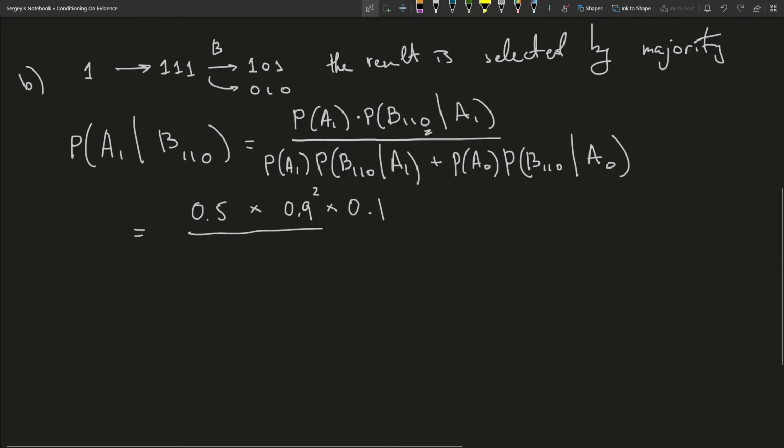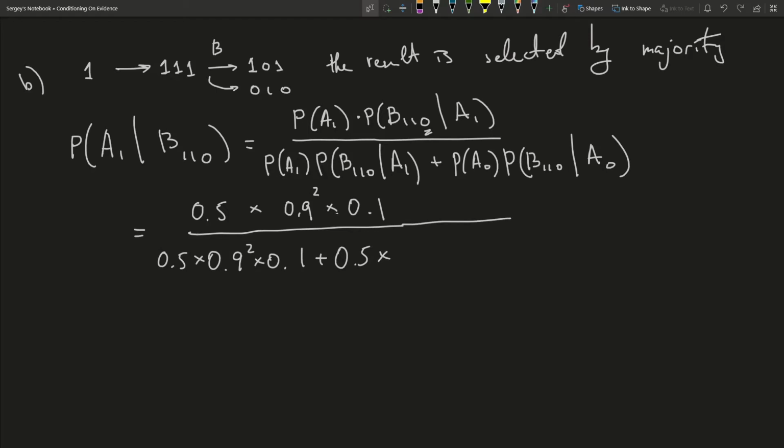Now we can copy over that number in the denominator, 0.5 times 0.9 squared times 0.1, plus the probability of Alice sending a 0, which is again 0.5, times... now remember, Alice is sending a 0, the 0 gets tripled and sent across the wire. So for Bob to receive 110, for the first 2 digits, an error needs to occur.